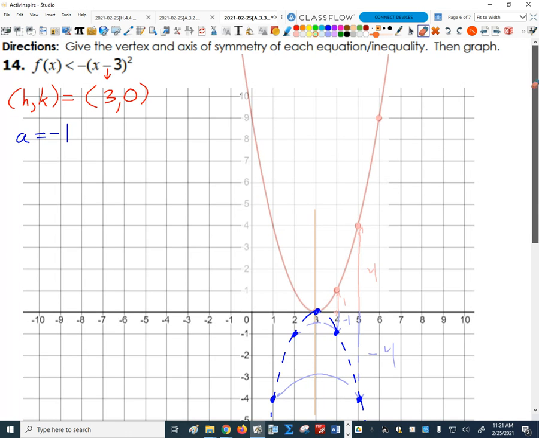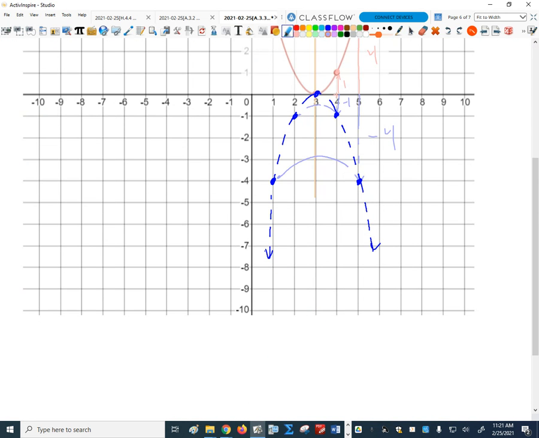And then you guys already told me that if I have f of x is less than, that means that I'm shading below, right? So we end up with then something like this, right?